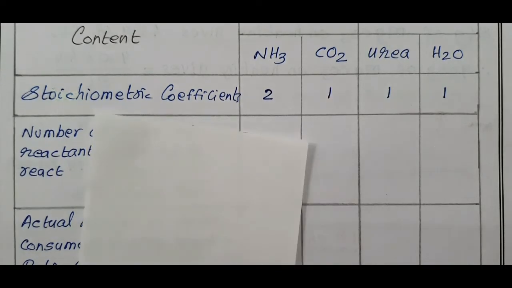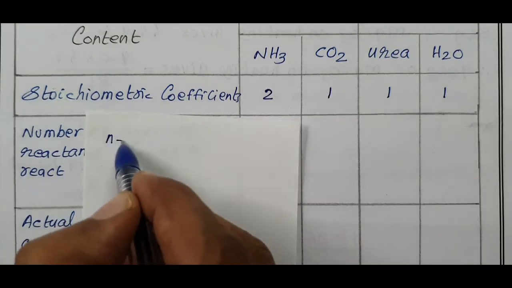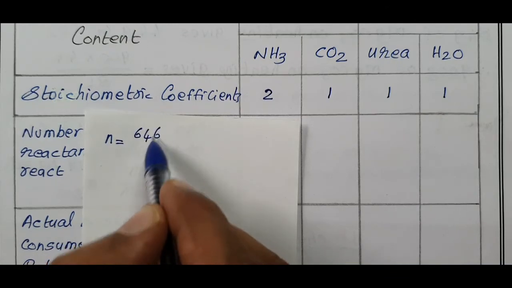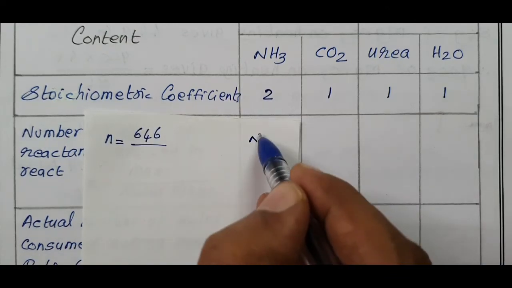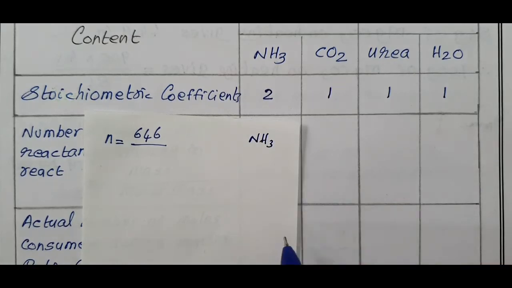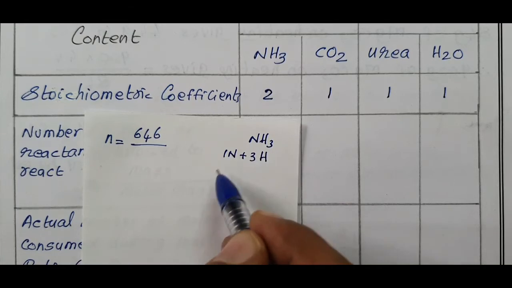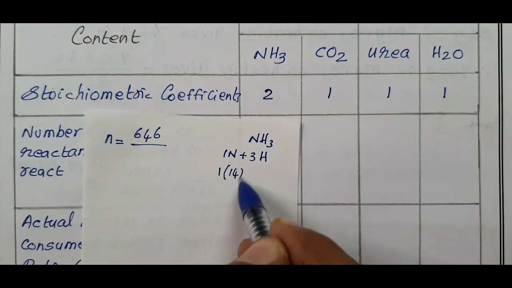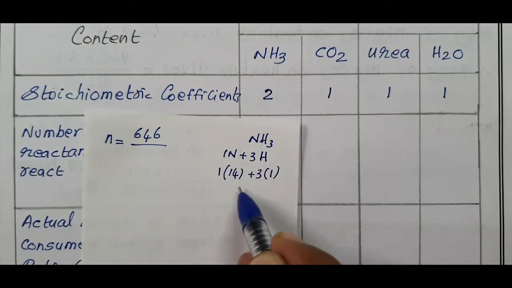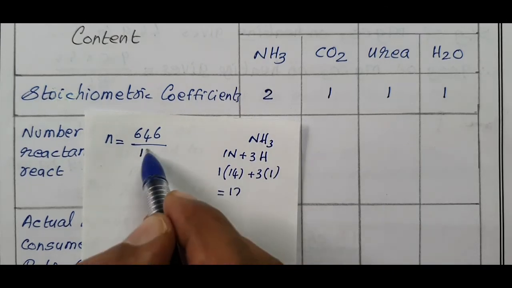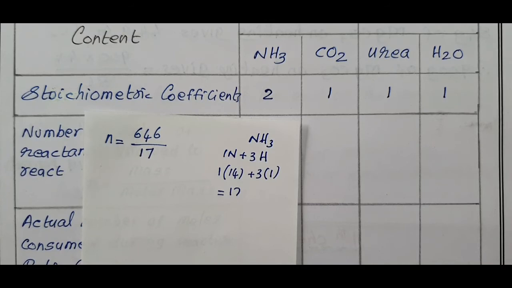Number of moles of ammonia equals the mass of ammonia given, 646, divided by the molar mass of ammonia. The molecular formula NH3 contains 1 nitrogen and 3 hydrogen. Nitrogen atomic mass 14, hydrogen atomic mass 1, that is equal to 17 gram mole power minus 1, the molar mass of ammonia. We can easily cancel this.